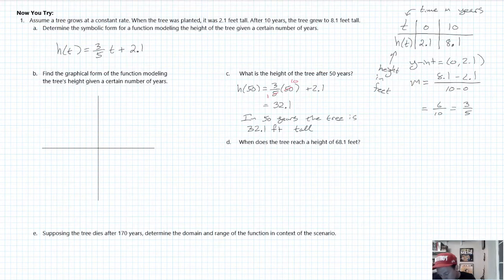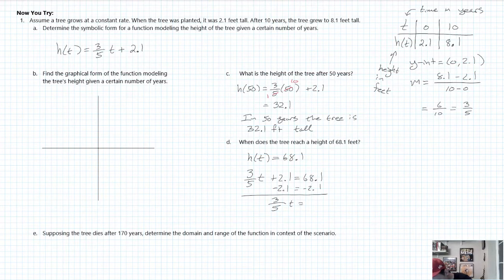And we want to know, when does the tree reach a height of 68.1 feet? So I can set h of t, the height, equal to 68.1 feet, and we want to solve that equation. So we'll put in 3/5 t plus 2.1 equals 68.1. And we'll subtract the 2.1 from both sides to get 3/5 t equals, the 0.1s will cancel, 68 minus 2 is 66.